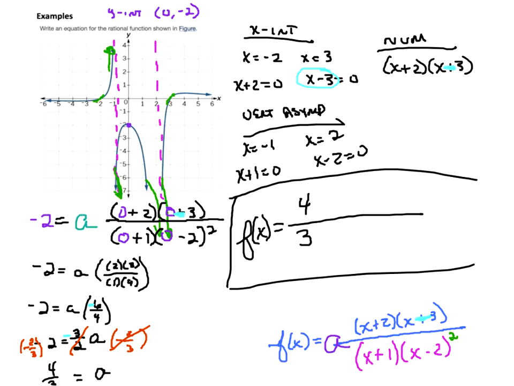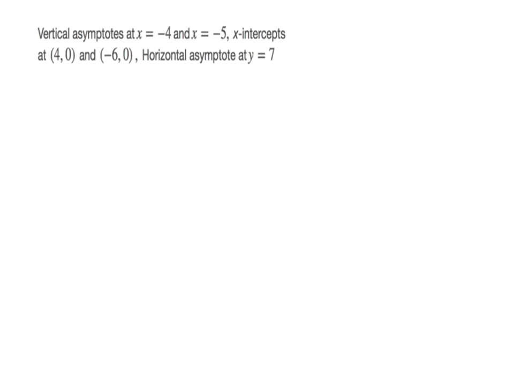So my a is equal to 4/3. So the final form of my function is 4/3 times x plus 2, x minus 3, over x plus 1, x minus 2 squared. Whew. We have one more to write, and then this lecture's done, I promise.